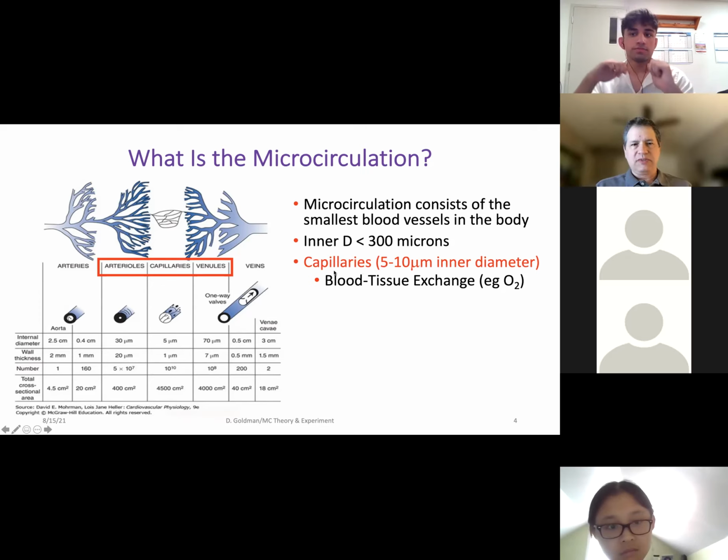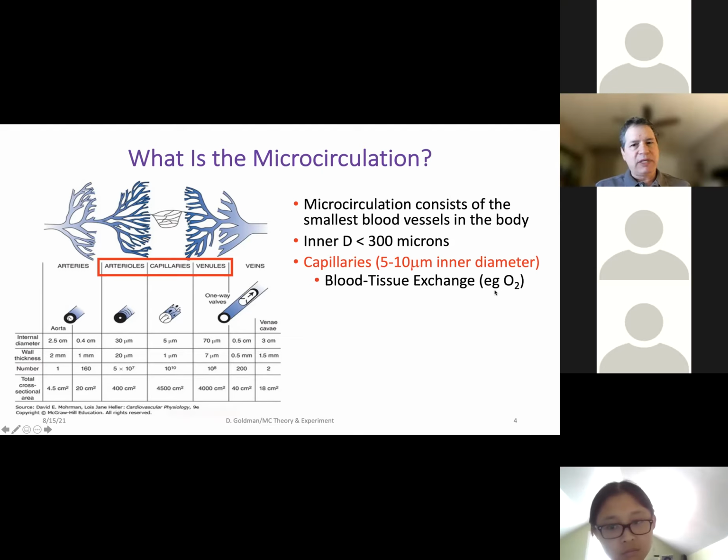Just to briefly talk about the function, capillaries are involved in blood-tissue exchange, of oxygen mainly, but of other things, including water and other solutes like glucose. Arterioles are a little bit bigger. They can change their diameters actively. They have smooth muscle, and they're involved in regulating resistance of the vasculature and in local flow distribution.